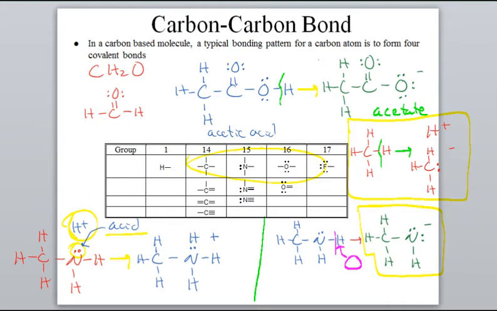If you ever see a carbon-based nitrogen molecule in organic chemistry and there's 4 bonds around the nitrogen, it's most likely a cation. Another cation that can form is when a carbon-carbon bond is broken or a carbon-hydrogen bond is broken.